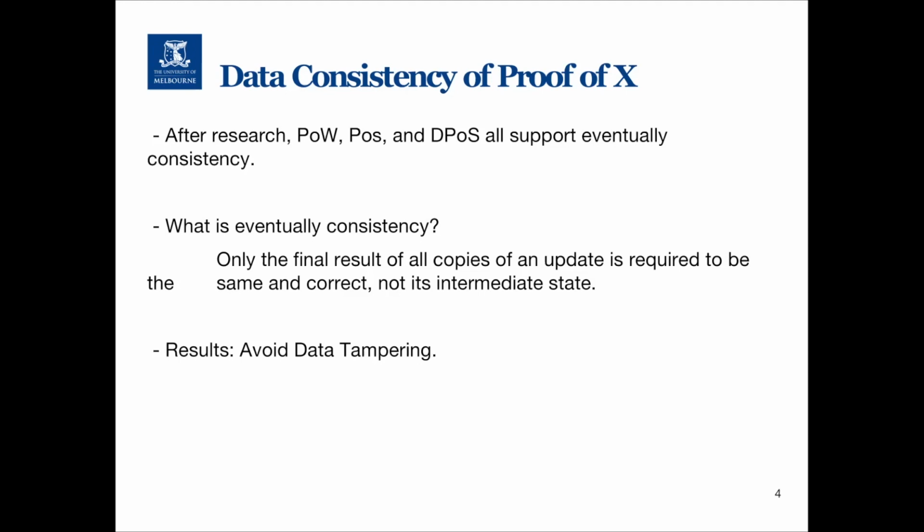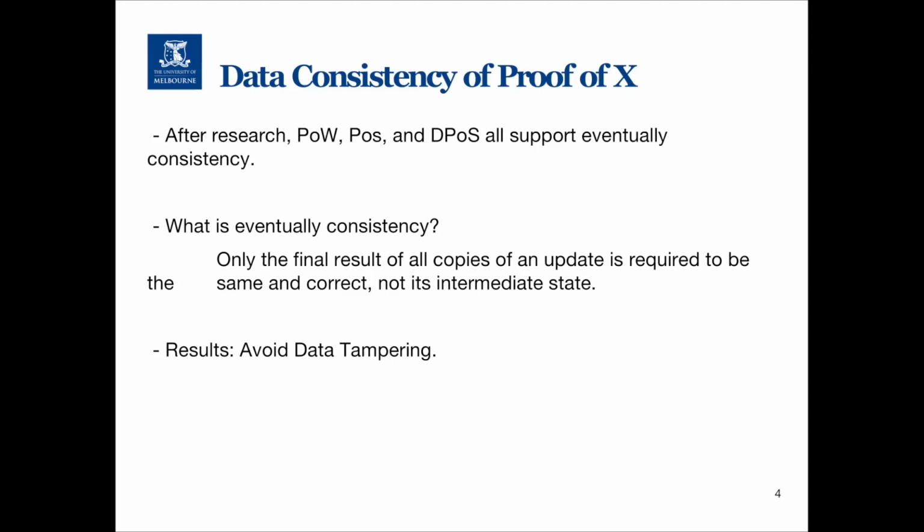And the system is eventually considered to reach consistency. All three consensus mechanisms ensure that a new transaction can eventually be synchronized to all nodes in the network. Thus, the consistency of these three consensus mechanisms provide favorable support for the security of blockchain.